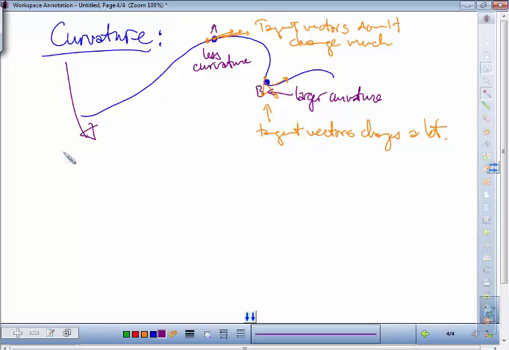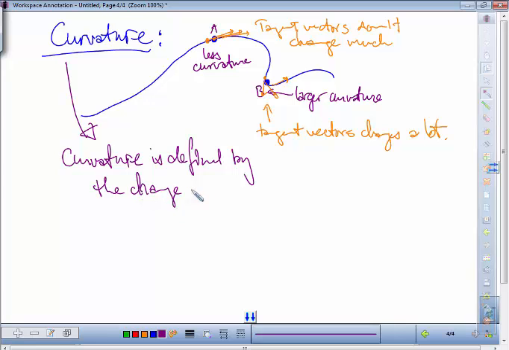But curvature is defined by the change of the unit tangent vector with respect to arc length.